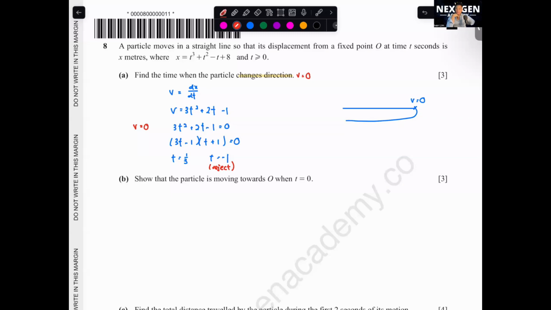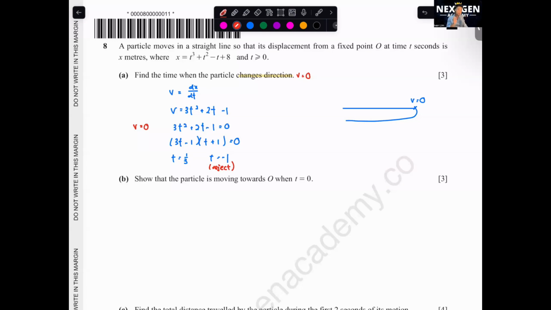Question, did the particle start at the point of origin? How do we know? Okay, everyone say yes. Is it a yes? So, do you all think that the particle started the movement, that means when we start the timer, it started at the point of O? How do we know?